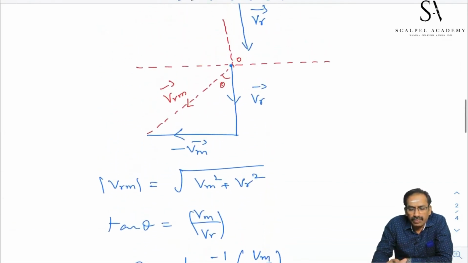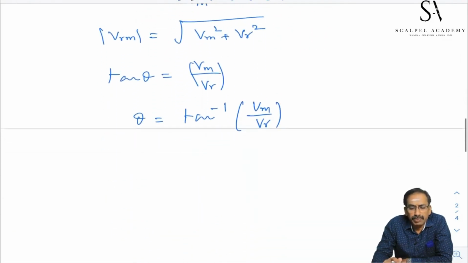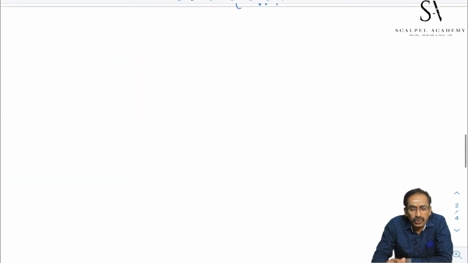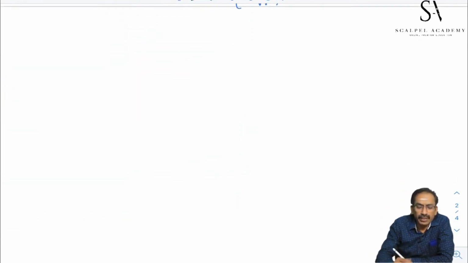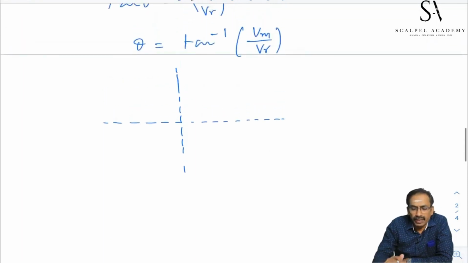Suppose this man wants to protect himself from the rain, he has to hold the umbrella at an angle theta equal to tan inverse of Vm by Vr. So, along the x-axis this man is walking. Actually, rain is falling vertically downward. This is the real velocity of the rain. This is the real velocity of the man.